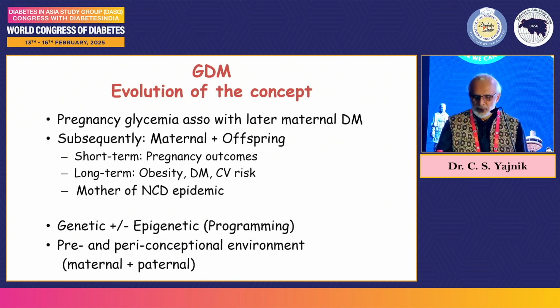The obesity and diabetes, which are really now ruling the world, probably originate at least partly in maternal so-called gestational diabetes. There is a concept about genetic and epigenetic programming, and I subscribe more to the epigenetic programming because of David Barker's work. And for that, the most important window for programming is preconceptional, that's before the baby is conceived, and periconceptional, that's before the embryo implants.